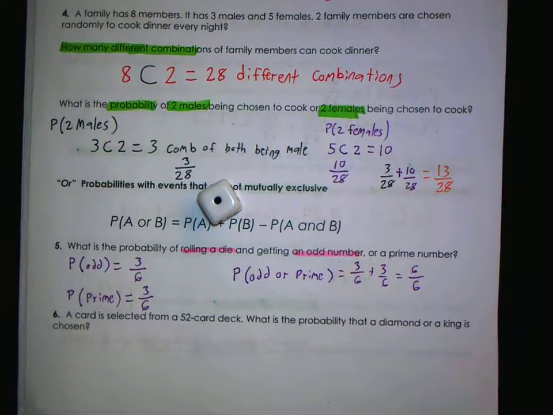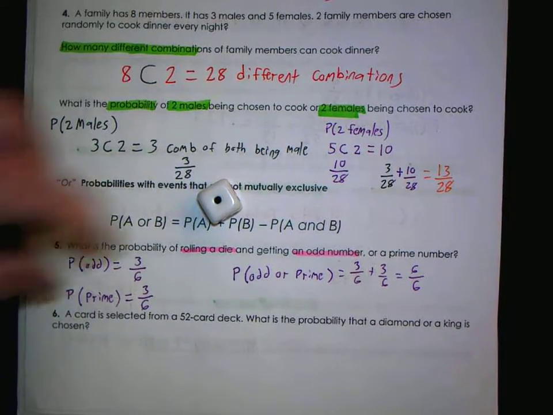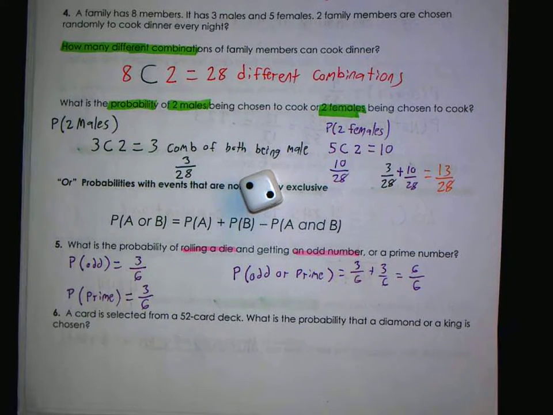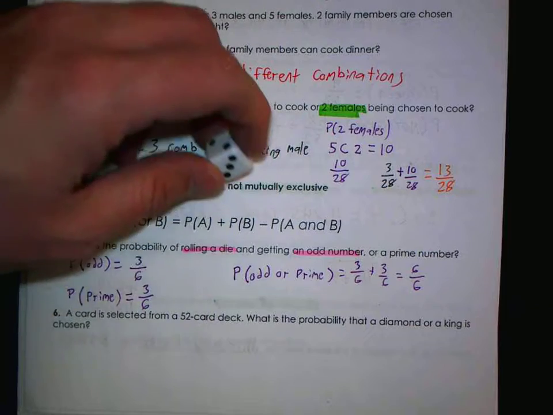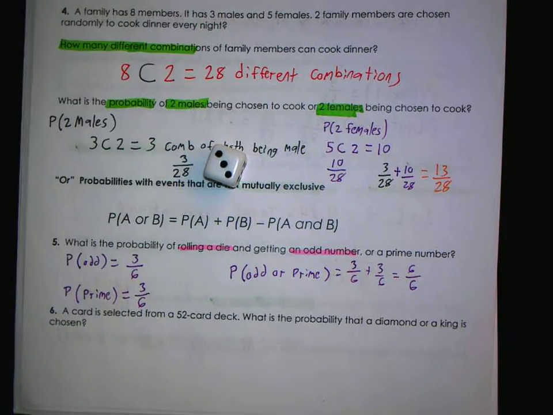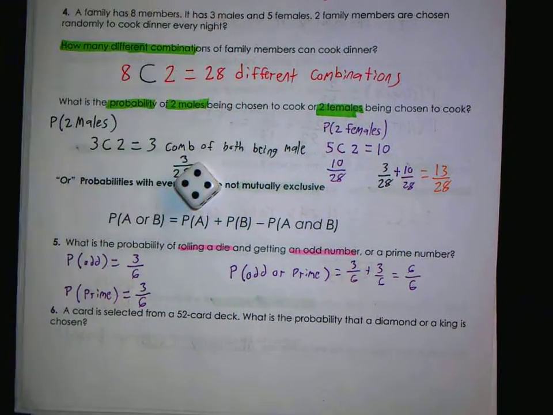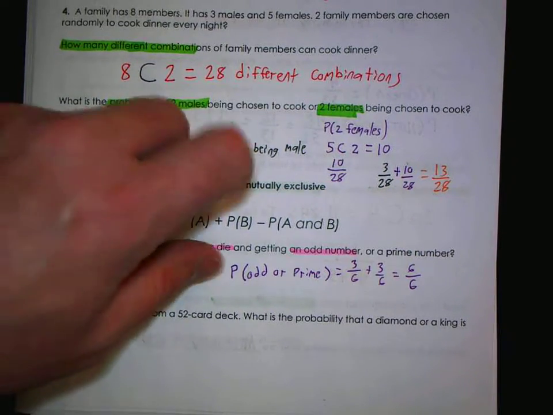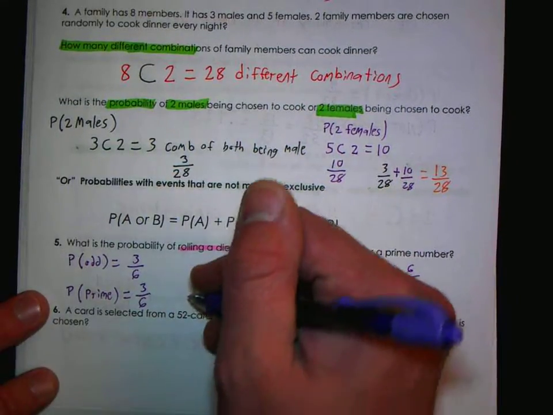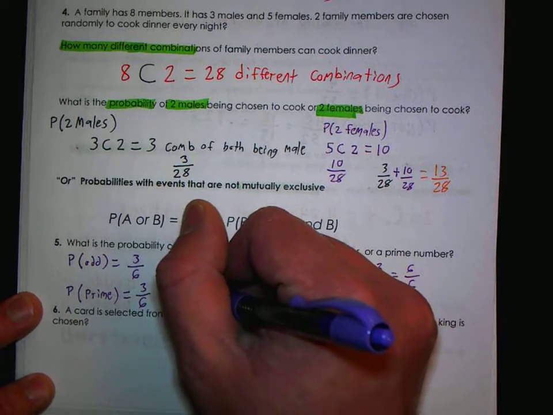Is 1 odd or prime? Yes. Is 2 odd or prime? Is 3 odd or prime? Yeah. But it's actually both, right? Is 4 odd or prime? No. It's not either. But we got 100%. Because we need to take out the probability of odd and prime.